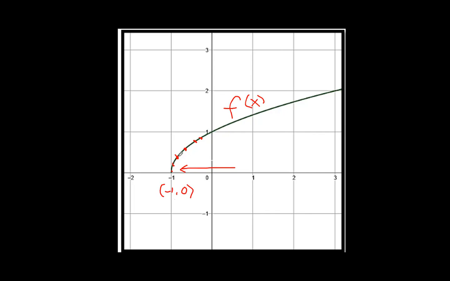And since when we talk about the limit of the function, we're talking about the function value, the limit of f of x as x approaches -1 from the right is equal to 0, since that's what we get from the given graph.